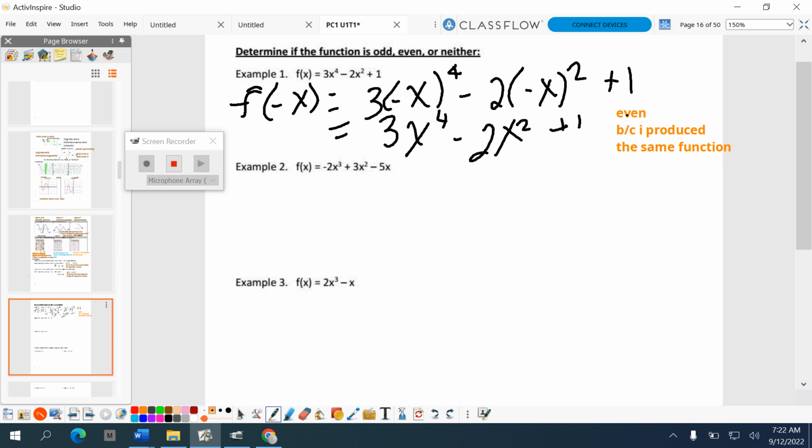So let's do this for number 2. So f of negative x, I'm going to plug that in, equals negative. And I want to know, do my signs change when I plug this negative in?